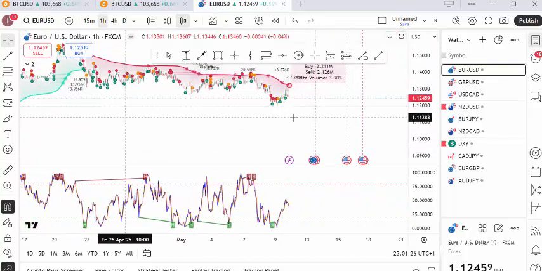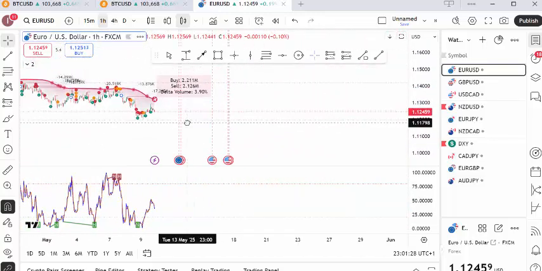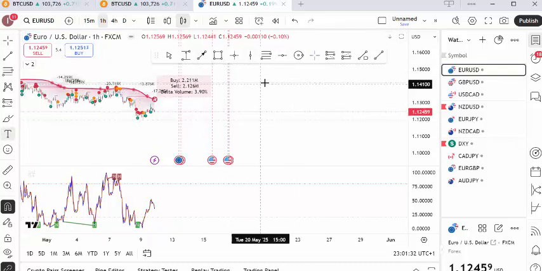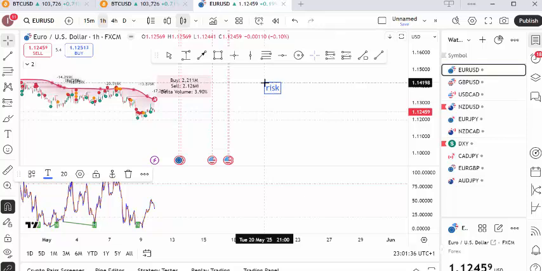For this strategy, we're going to stick with a risk ratio of 1:2. What this 1:2 means is whatever our stop loss value is, our TP is going to be twice the stop loss value.